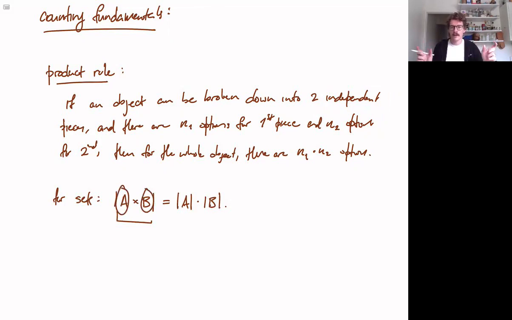So we can break it down into 2 independent pieces, an element of A and an element of B. And this is saying that the number of choices in total is the number of choices for the one part times the number of choices for the other part. Very nice.